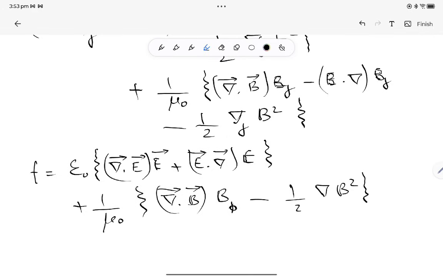Obviously you can see, and then one more term, that is epsilon naught del by del t of E cross B.